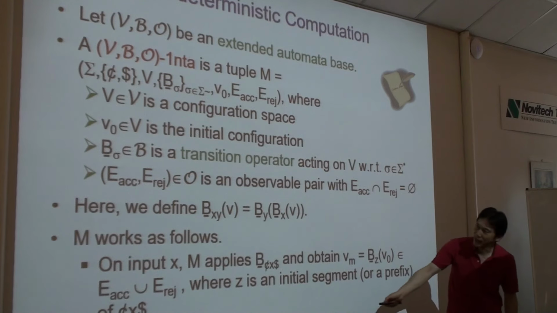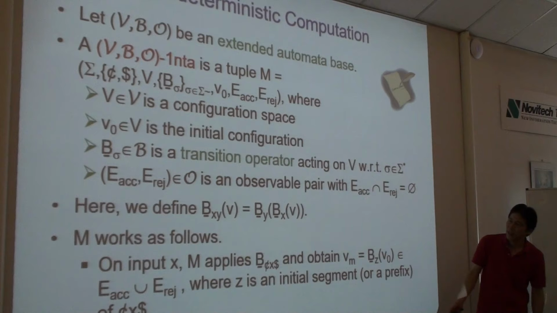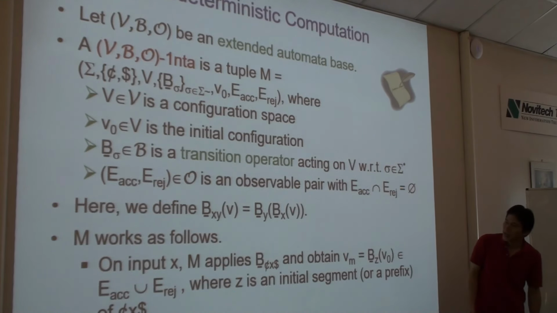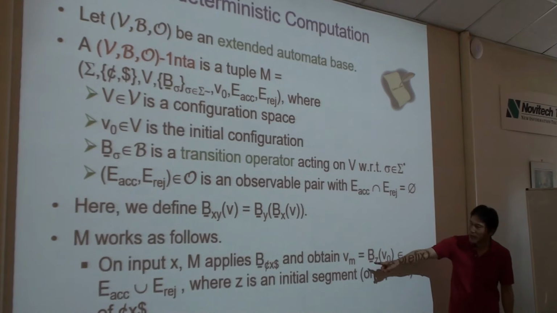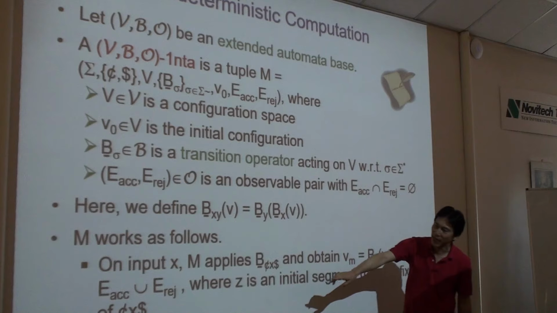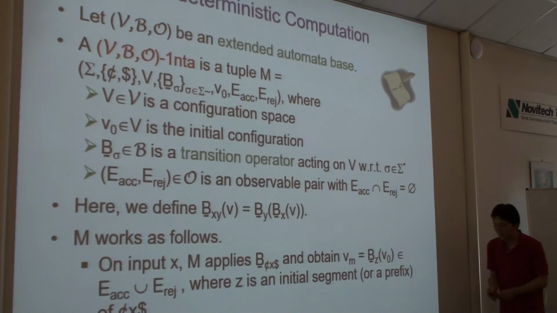It works like this: we take the standard input x and apply these multi-valued operators. Then we look at the elements that fall into either an accepting or rejecting configuration. Then it stops.